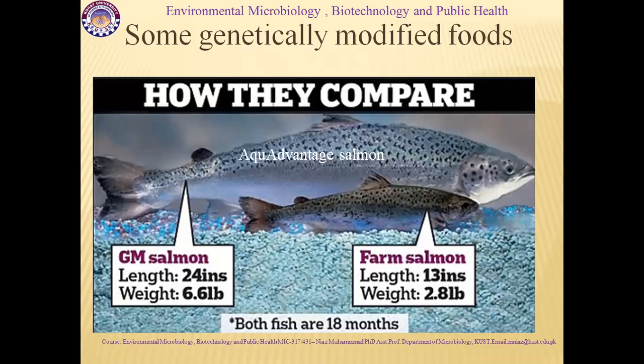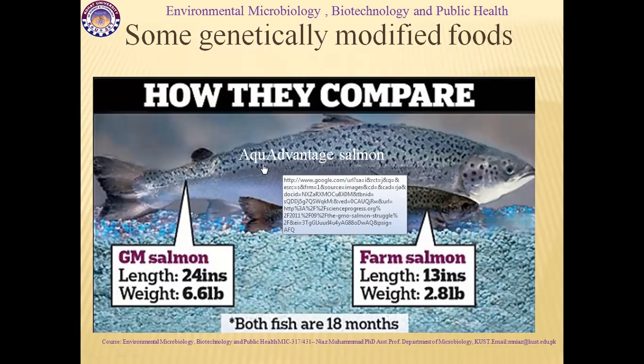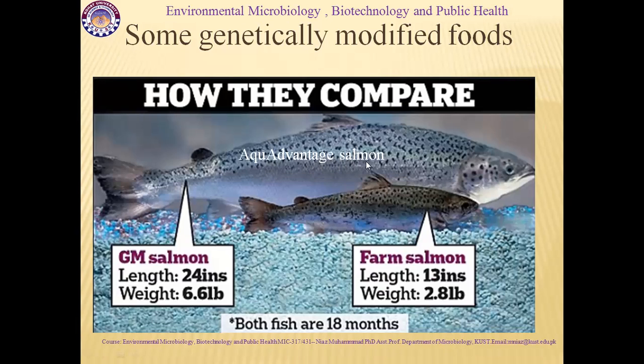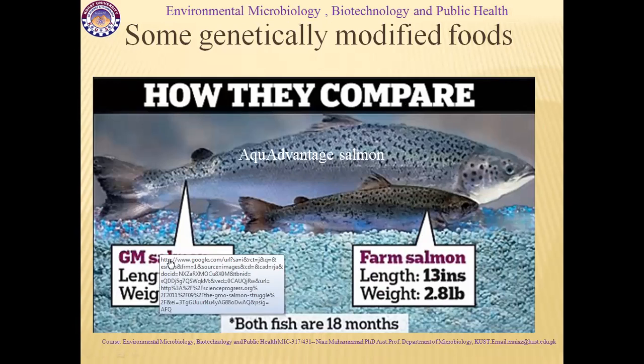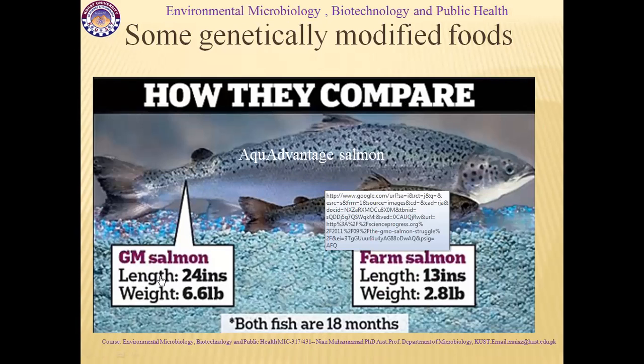In genetically modified foods, if you see how they compare, AquAdvantage salmon: the GM salmon has a length of 24 inches and a weight of 6.6 pounds. Farm salmon has a length of 13 inches and a weight of 2.8 pounds. Both fish are 8 months old.